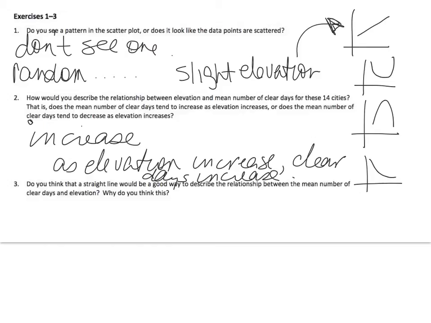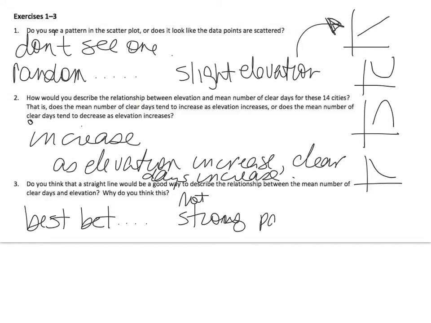And then do you think that a straight line would be a good way to describe the relationship between the mean number of clear days and the elevation? It'd probably be your best bet. It's not a strong pattern, not strong. But if I had to pick one, I would stick with the linear, right?